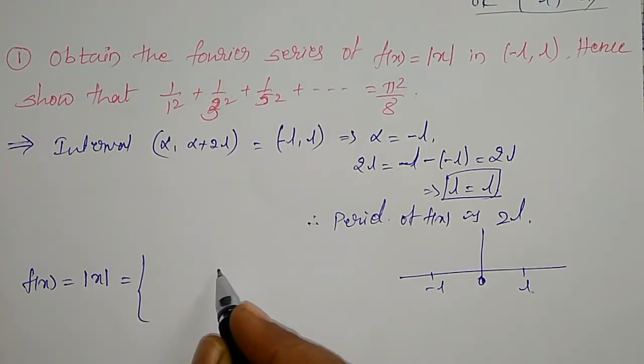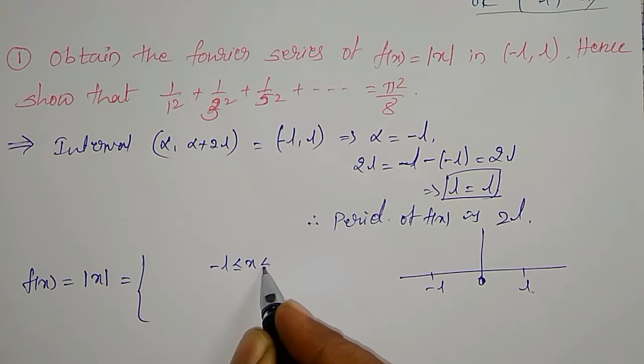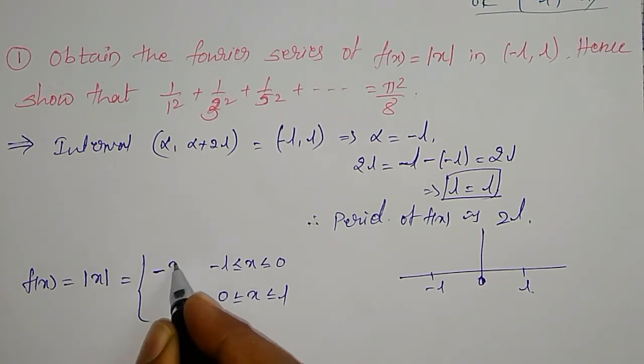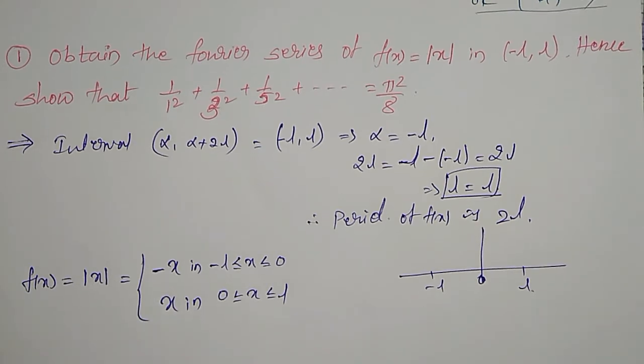Therefore I will split it into two terms, minus L less than or equal to x less than or equal to 0 and 0 less than or equal to x less than or equal to L. Here all the values are negative, but its answer should come positive. Therefore I will take minus x, minus of minus becomes plus. And here for x in 0 to L it is always positive. This way modulus of x can be defined.